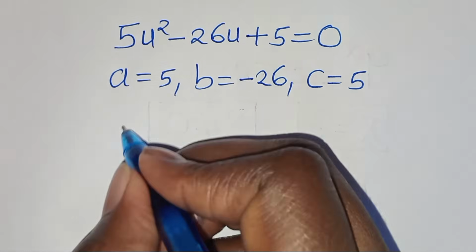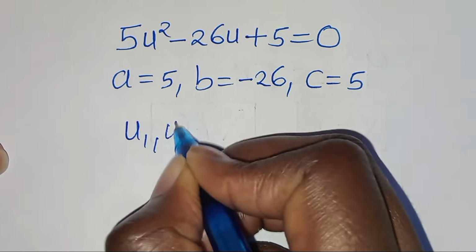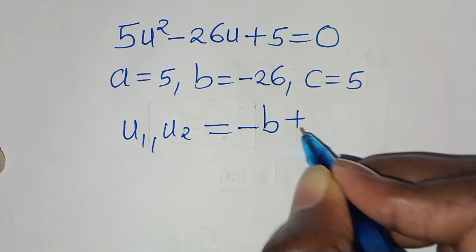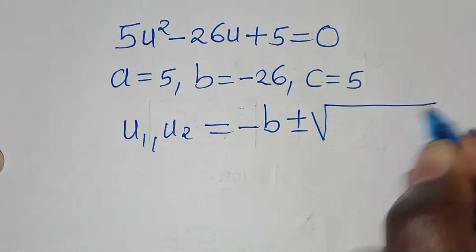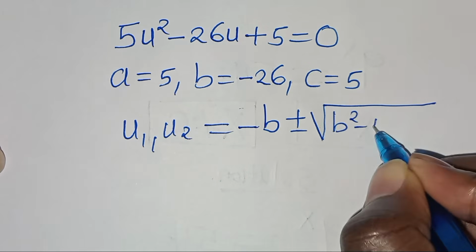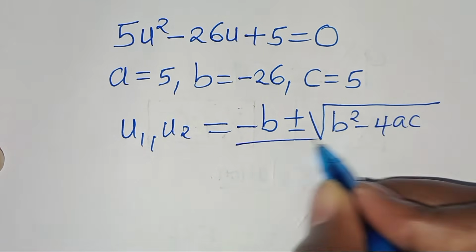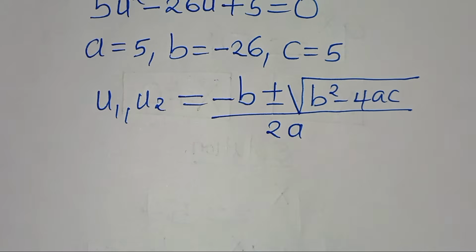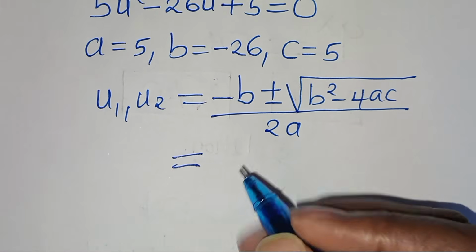Now, to solve for u1, u2, we apply the quadratic formula, that's minus b plus or minus the square root of b squared minus 4ac, everything here divided by 2 times a. So that now, let's substitute the values of a, b, and c.